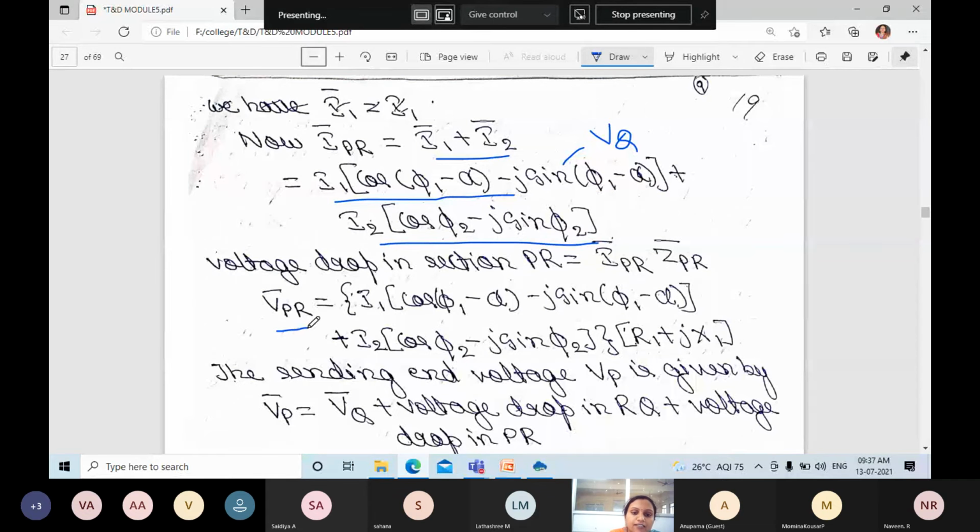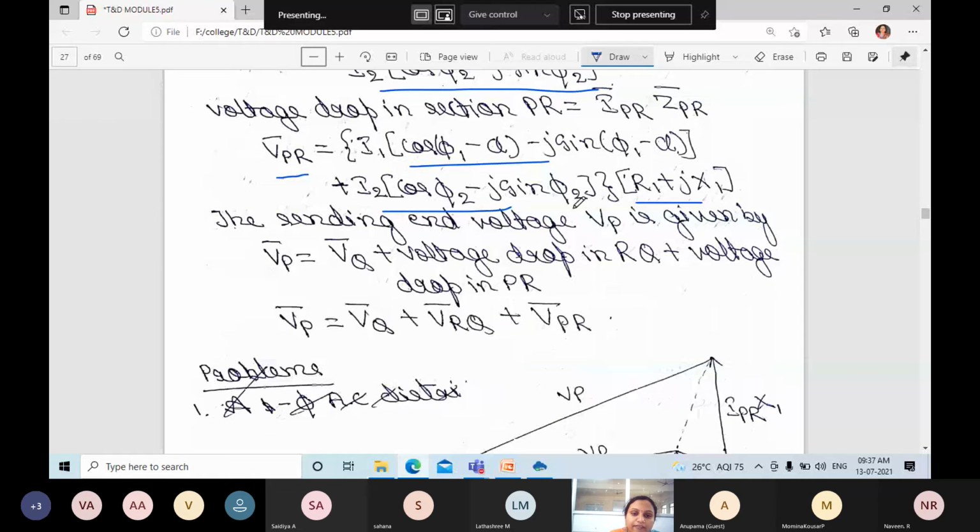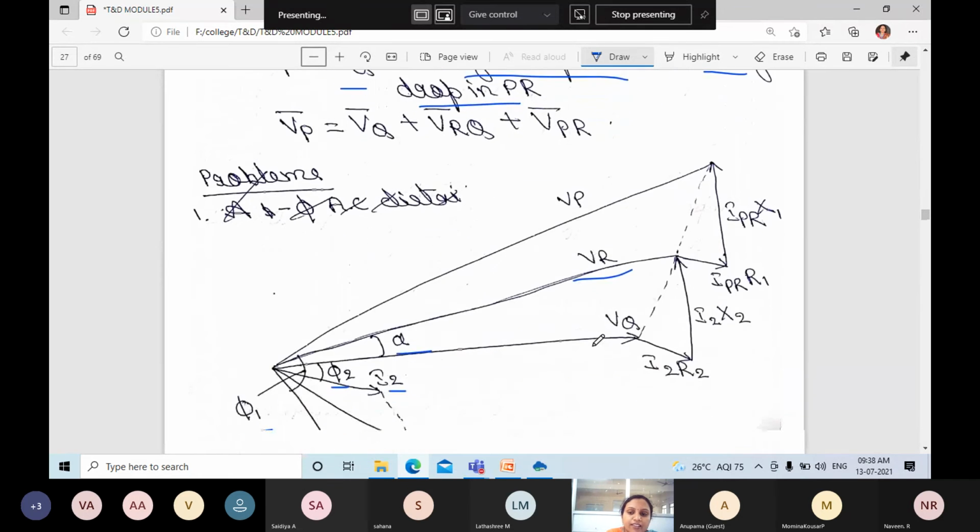So VPR vector is equal to I1 cos(phi 1 minus alpha) and so on; substitute the values of IPR and ZPR. The sending end voltage VP is given by VQ plus the voltage drop in RQ plus the voltage drop in PR. That is the total equation: VP is equal to VQ plus VRQ plus VPR. This is the phasor diagram.